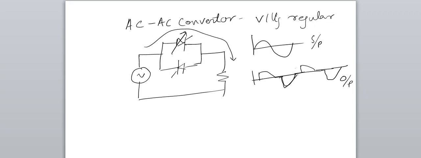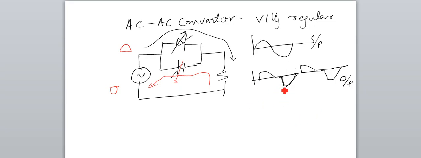During the positive half cycle, this SCR gets turned on and the current flows like this. During the negative half cycle, the current flows from here and this thyristor turns on. This is how you are going to get the output waveform.